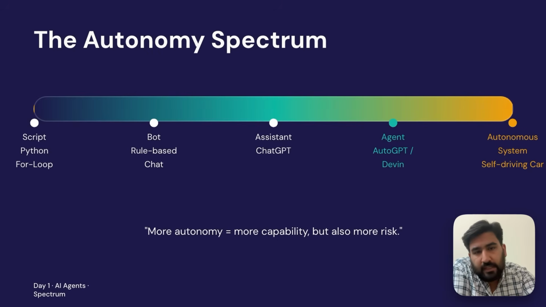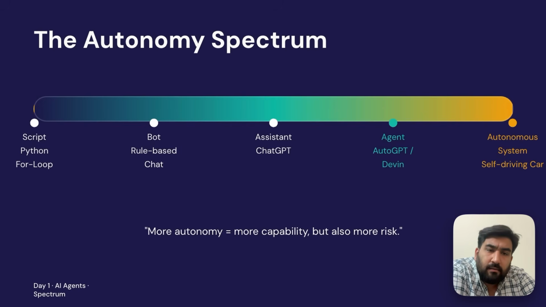Now I want to show you something really important. Agents do not live in this binary world. It is not either it is an agent or it is not. There is a spectrum. Look at this gradient bar which I'm showing in the presentation.